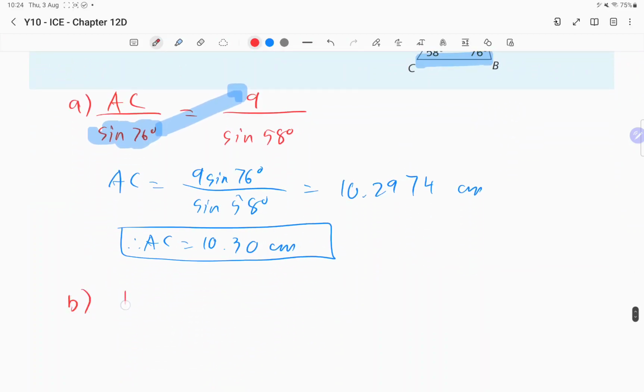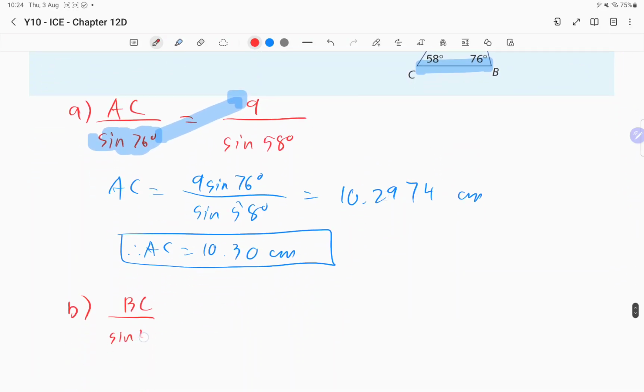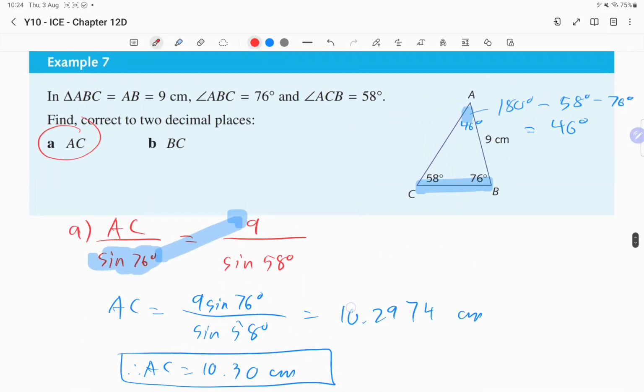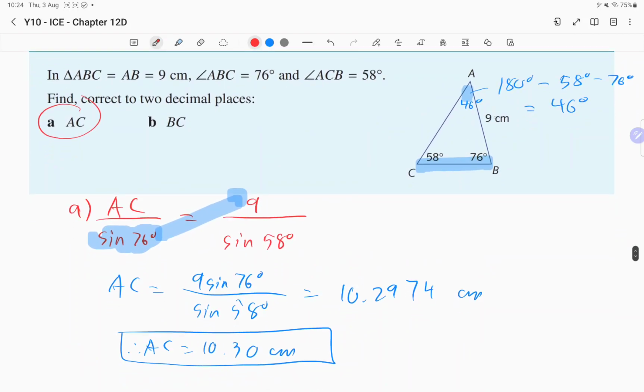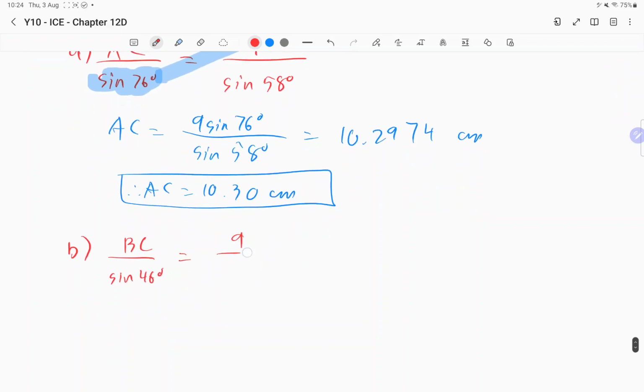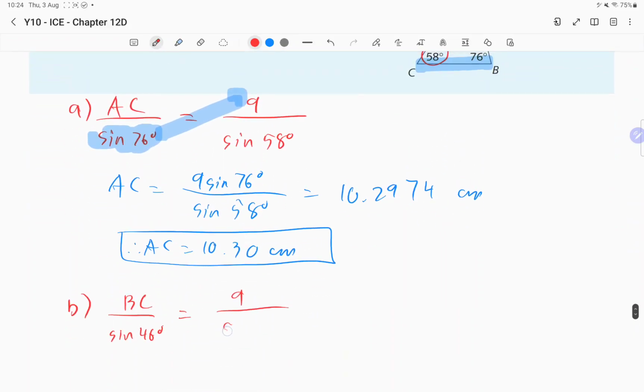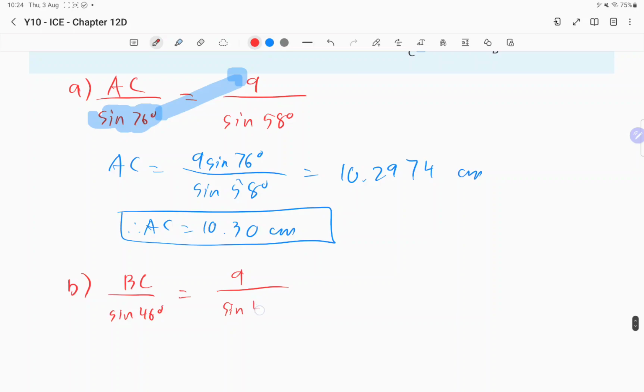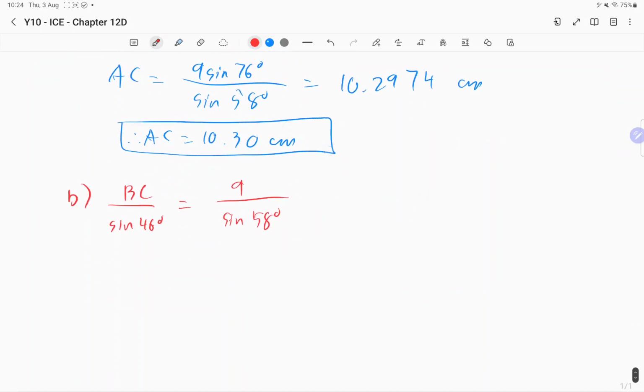Okay, so similarly, BC over sine of the opposite angle, which is 46 degrees, equals, you can choose any pair, but I prefer the pair here that has the exact value, so that would be 9 over sine of 58 degrees. Alright, so punch into the calculator.